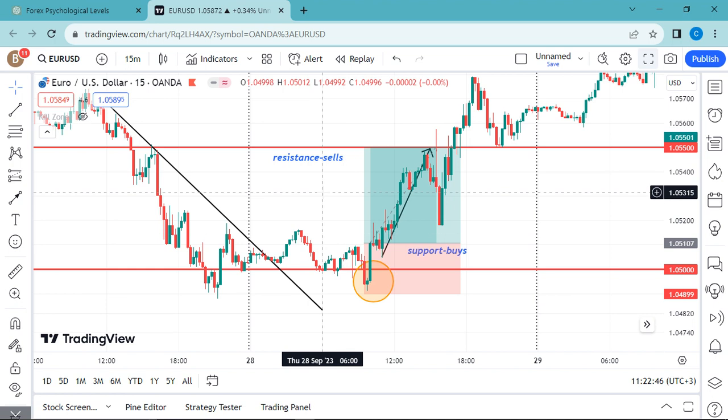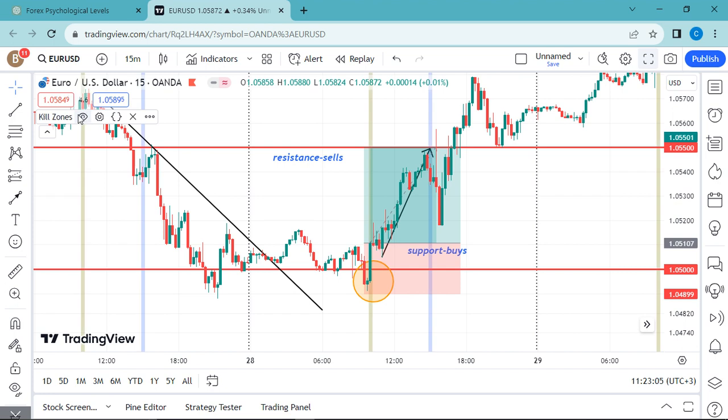The other thing you have to do, right? You have to understand how time reacts to the markets, right? So you should trade London session or New York session. And here I have an indicator, it's called Kill Zone. It's free on TradingView, you can add it, right?